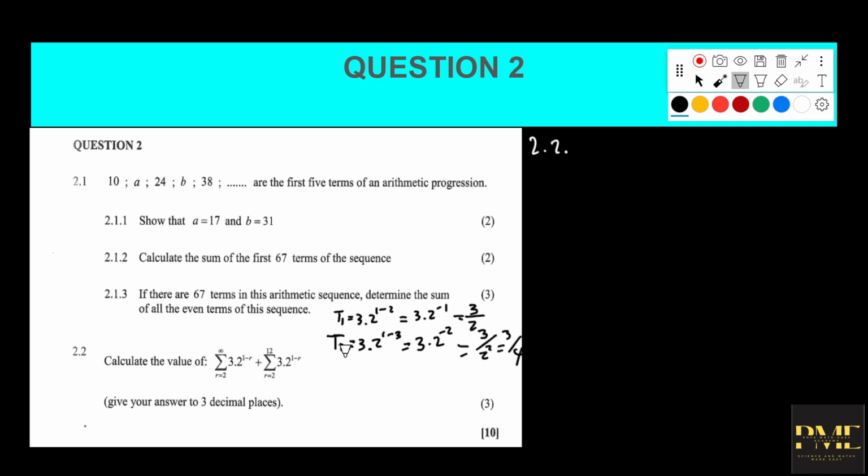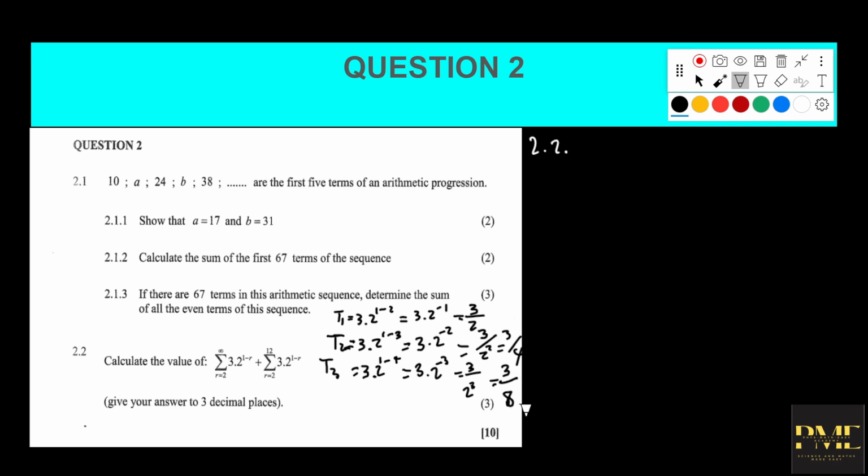So this is our term 2. And then for our third term, T3, again 3 multiplied by 2 exponent 1 minus 4, which is actually equal to 3 multiplied by 2 exponent negative 3. Again, this means 3 over 2 exponent 3. And we know that 2 exponent 3 is 8, because 2 times 2 is 4 times 2 is 8. So this is 3 over 8, guys.